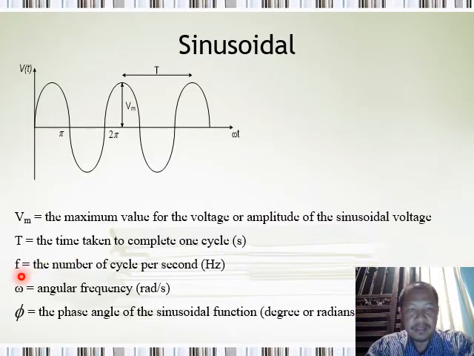F is the frequency, or the number of cycles per second, in unit hertz. Omega is angular frequency in unit radian per second, and phi is the phase angle of the sinusoid function. The unit of phi is degree or radian.